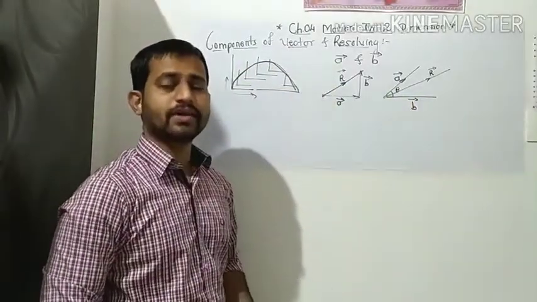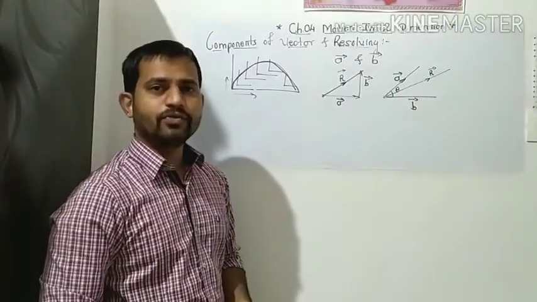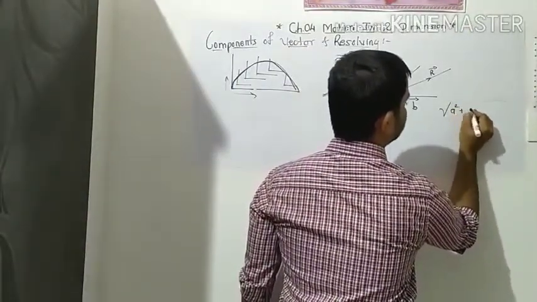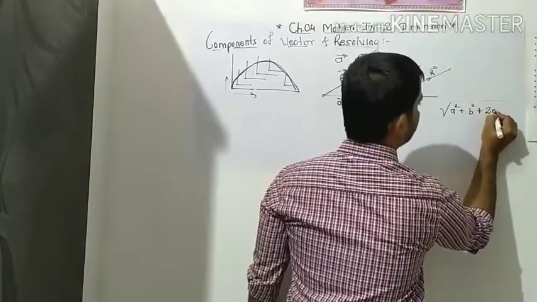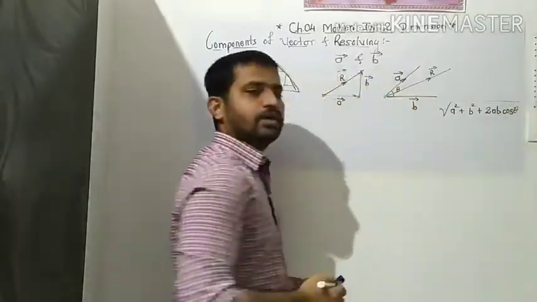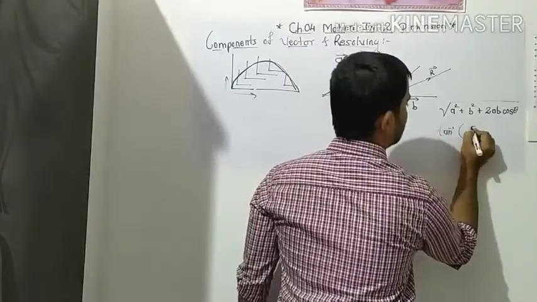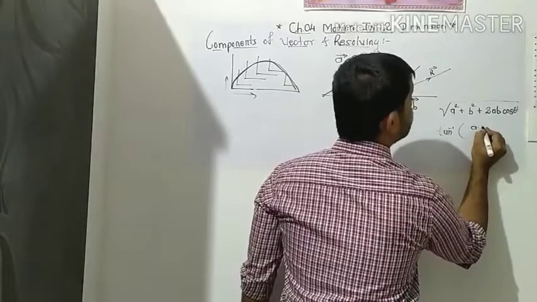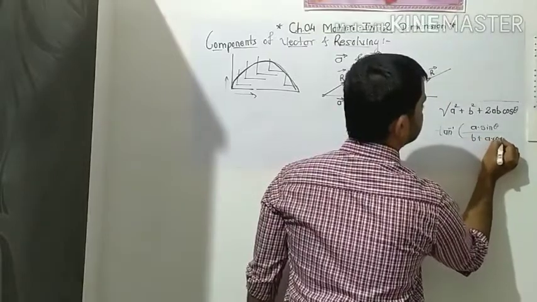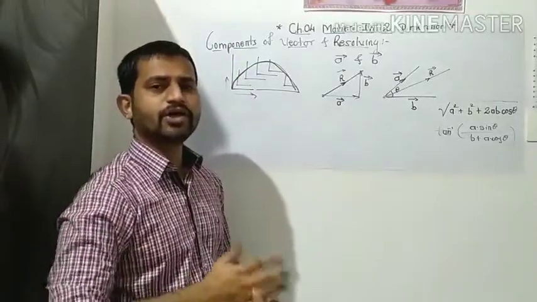The magnitude of the resultant is given by the square root of A squared plus B squared plus 2AB cos theta, and the direction is given by tan inverse of A sin theta upon B plus A cos theta. So we get the magnitude and direction of the resultant.